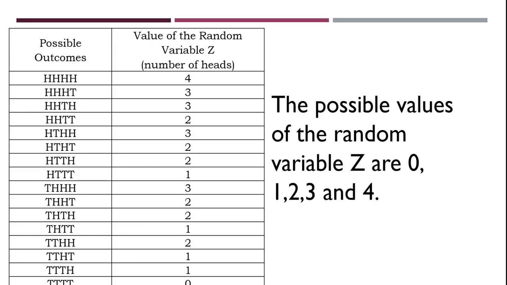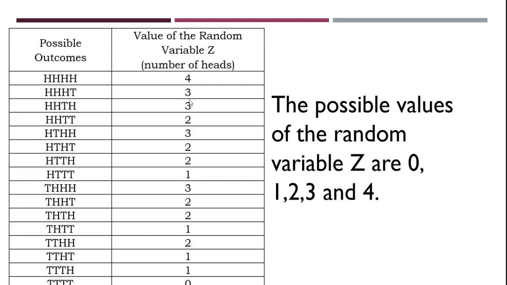Listed here in the first column are the possible outcomes when we tossed 4 coins. So we have H H H H, H H H T, head head tail head, head head tail tail, and so on and so forth. Now, for assigning the value of the random variable z, we just count the number of heads in the possible outcomes. So in the first outcome, we have 4 heads.